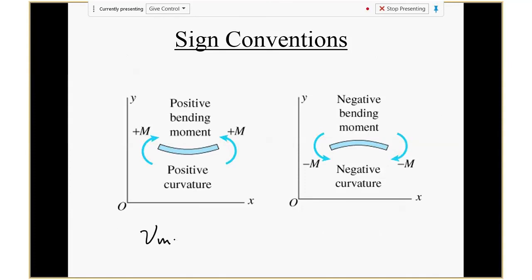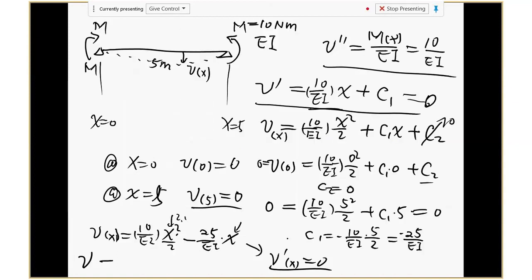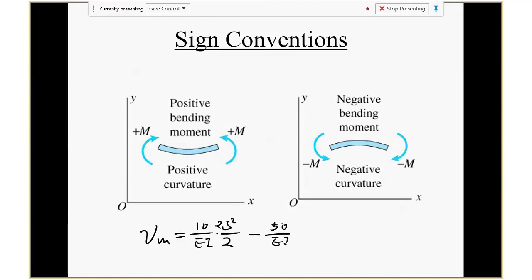V maximum equals 10 EI, times 2.5 squared over 2, then minus 50 EI. What's the 50 EI? 25 EI, and then times 2.5, right? You put x equal 2.5 there.